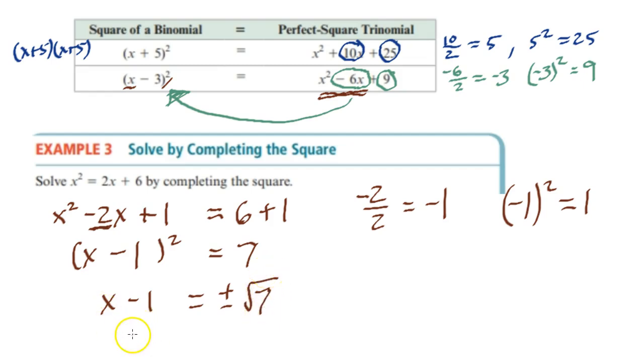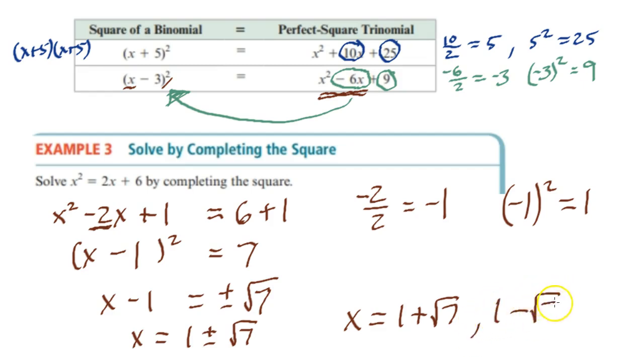And then we just add 1 to both sides of the equation, and this is equal to 1 plus or minus the square root of 7. And so we could express this as two separate solutions. x equals 1 plus root 7 and 1 minus root 7.